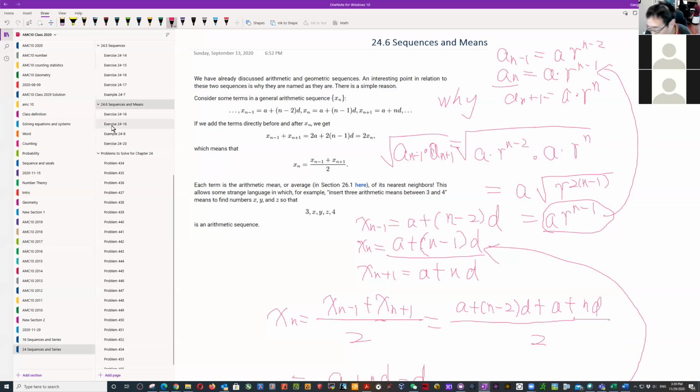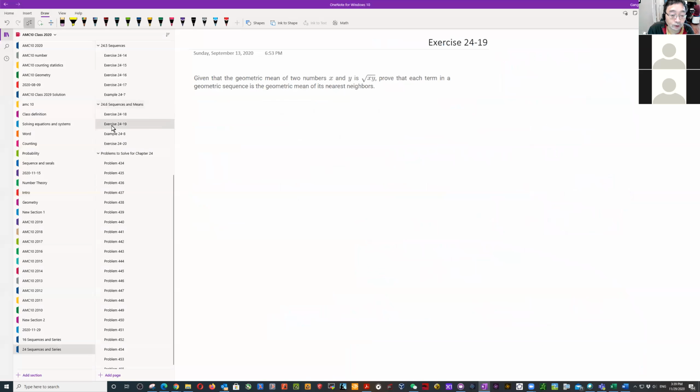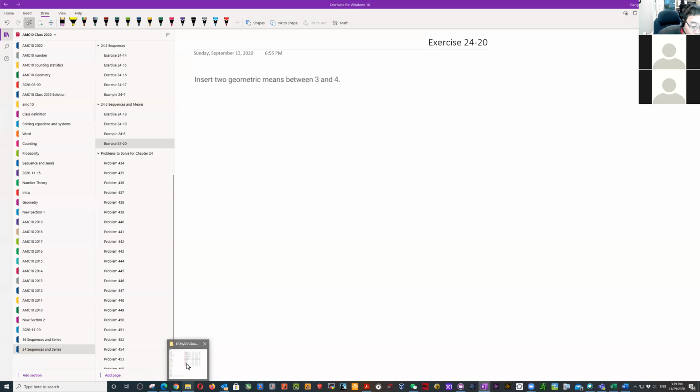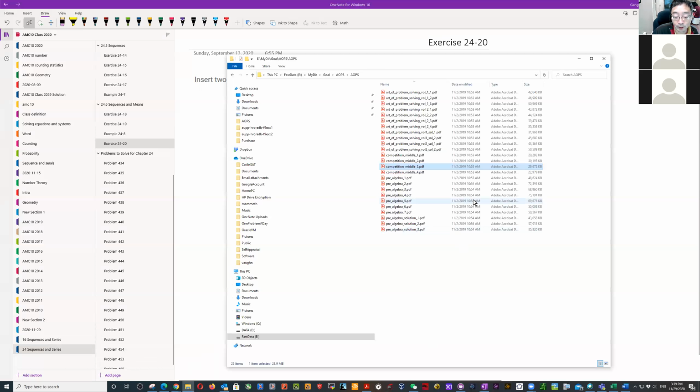And there are a bunch of exercises. I think we are able to cover the whole chapter. It looks like chapter 24 is a higher number, but it's actually in a lower part, because we actually have two books.